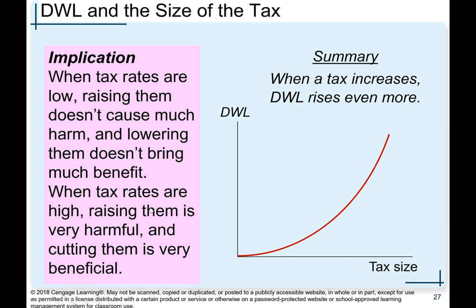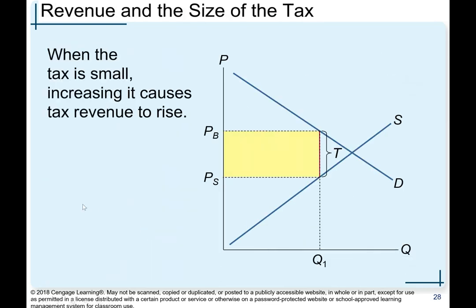So when the tax rates are high, raising them is very harmful and cutting them is very beneficial. Raising them is harmful because it leads to larger deadweight loss. Lowering them leads to benefit because it lowers the deadweight loss.